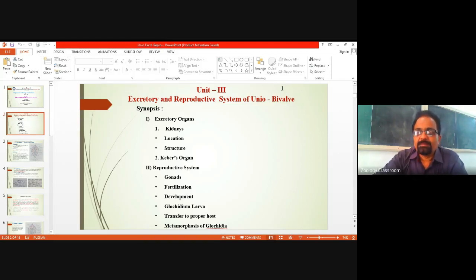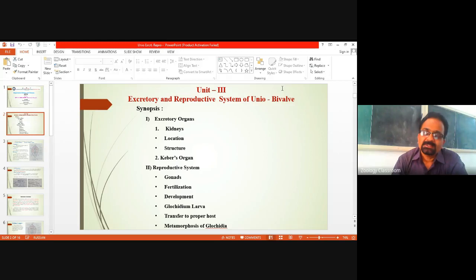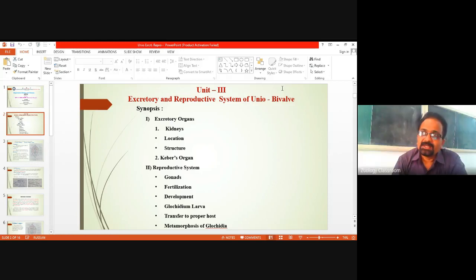So how does the gill appear as far as the structure is concerned? One pair of gill lamina is present on either side, a filamentous gill structure.